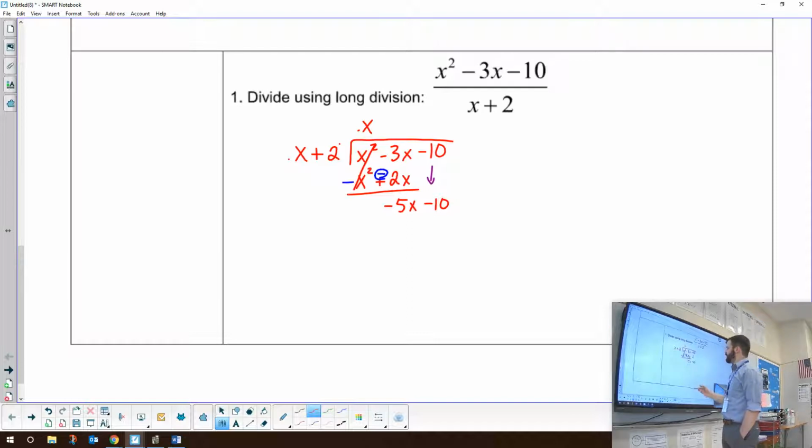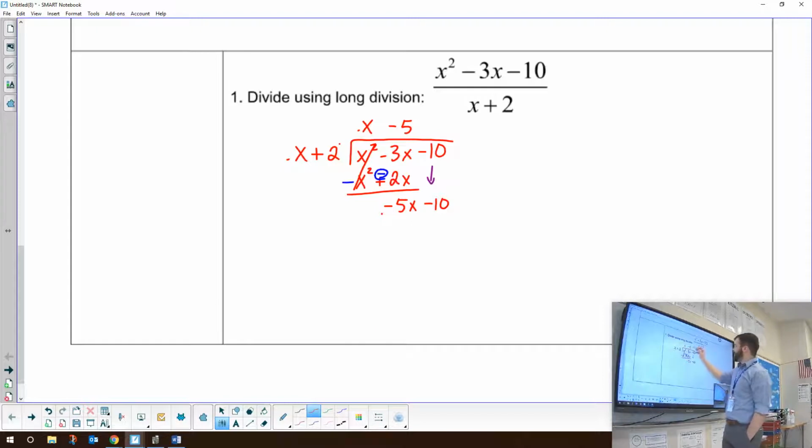We're going to think, okay, what do I need to multiply my first term here to equal my first term here? Well, to get from x to negative 5x, we're going to have to multiply by negative 5. And then we're going to take that negative 5, multiply it to both of these.